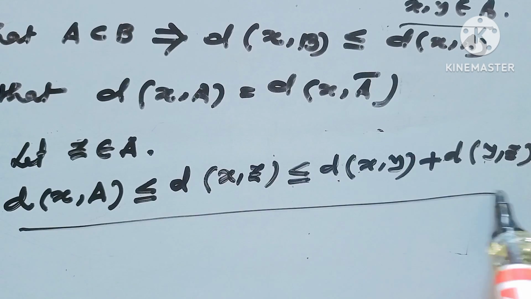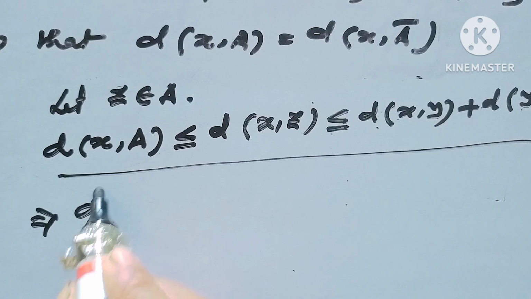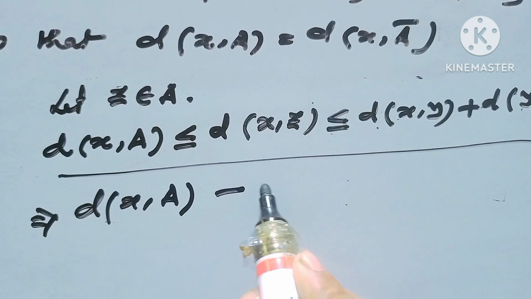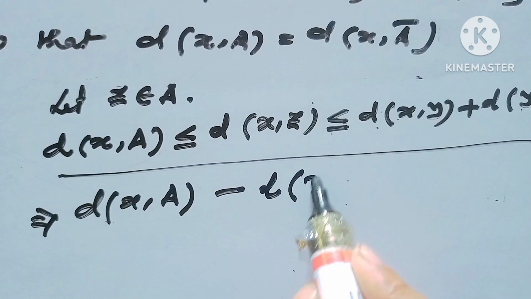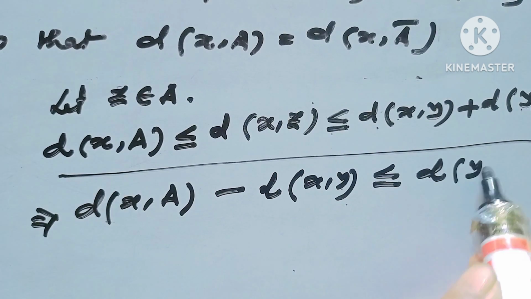Therefore, from this line, we can write the distance between x and A minus the distance between x and y is less than or equal to the distance between y and z.